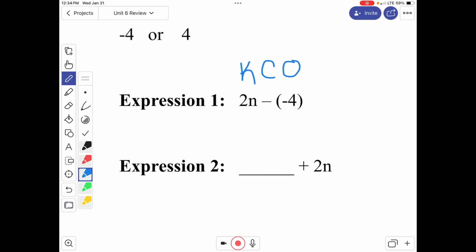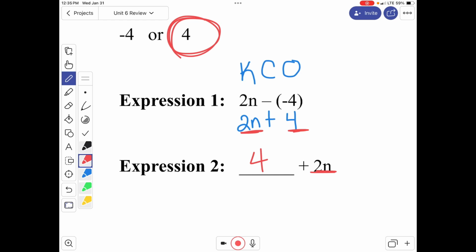Keep, change, opposite. So we keep the first number, we change to addition, and we take the opposite of negative 4, which would be positive 4. Now when they were writing expression 2, they wrote 2n, so they're missing the 4. 4 is what goes in the blank.